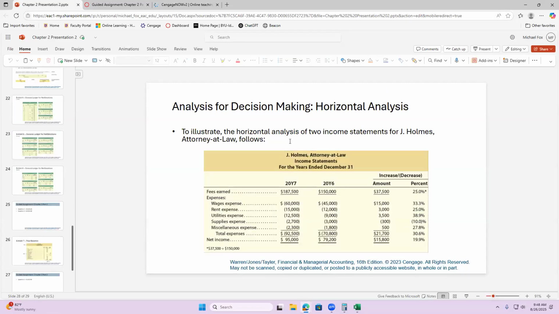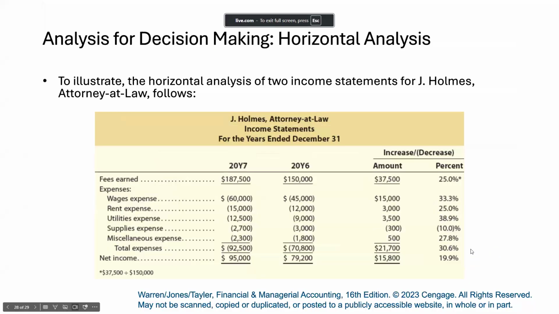Anyway, the last problem is I just want to show you something that we call horizontal analysis. This is a way that we look at financial statements to see how things have changed over time. So this shows the income statement for 2 years, 2016 and 2017. They almost always put the newest year on the left side and the older year on the right side. And then here's the analysis.